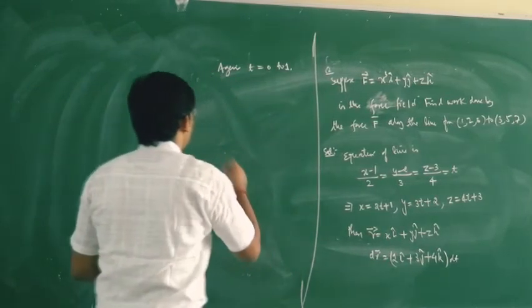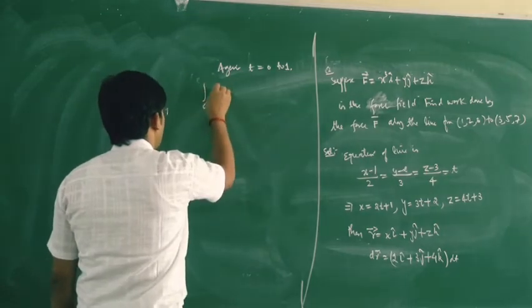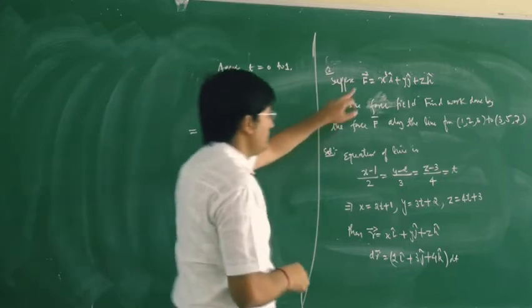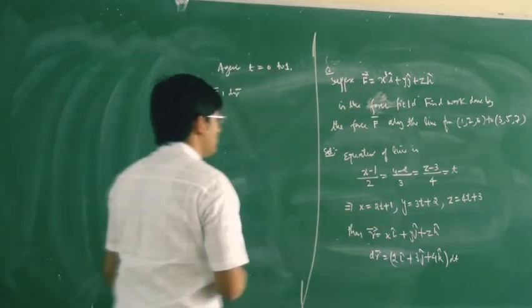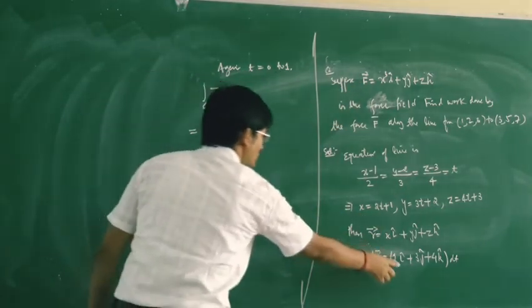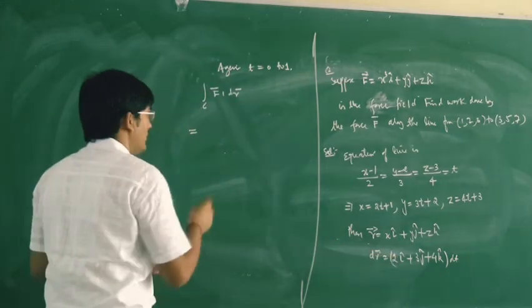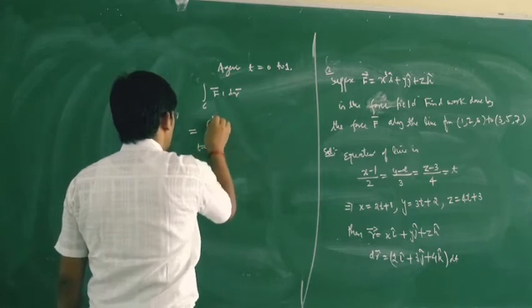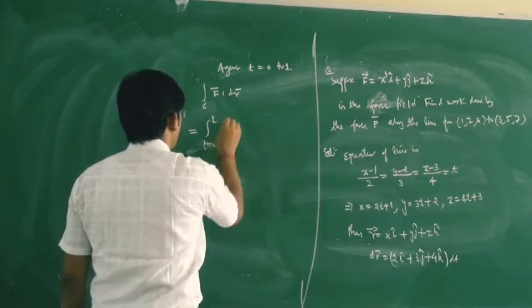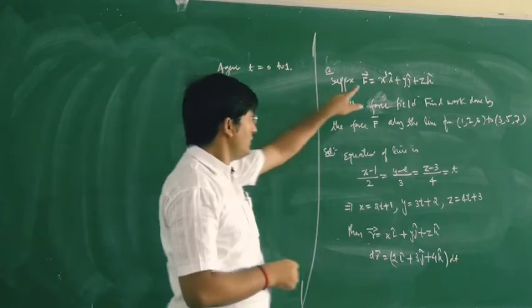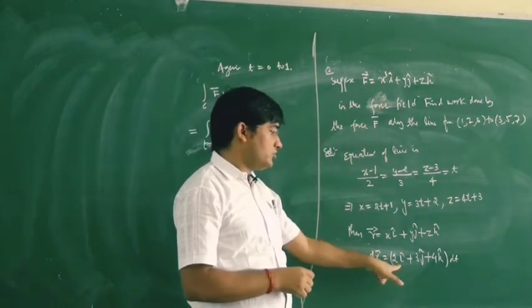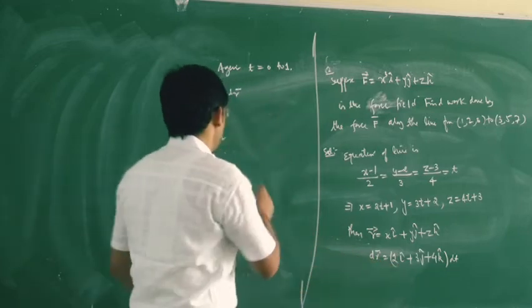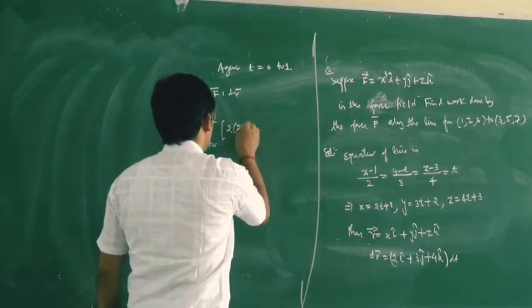Now let us evaluate the value of the integral of F dot dr. Your F is x cube i plus y j plus z k, so we have the integral with t from 0 to 1. Your first term will be x cube i into 2i, so this will be 2 into x cube, which means 2 into (2t plus 1) whole cube.